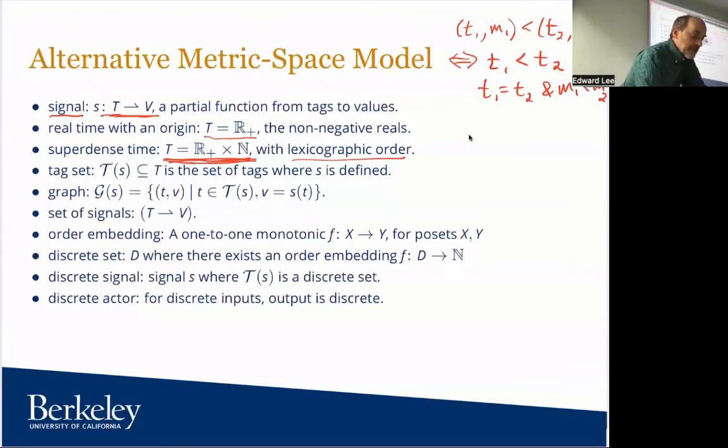And for a particular signal, we'll use this notation to be the set of tags on which the signal is defined, which means the set of tags where it's present. Okay. So for example, if I have a clock driving a reaction producing an output, this is going to be a signal, and it's going to be absent most of the time.